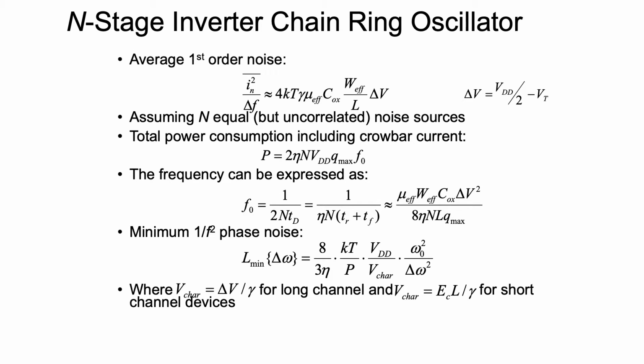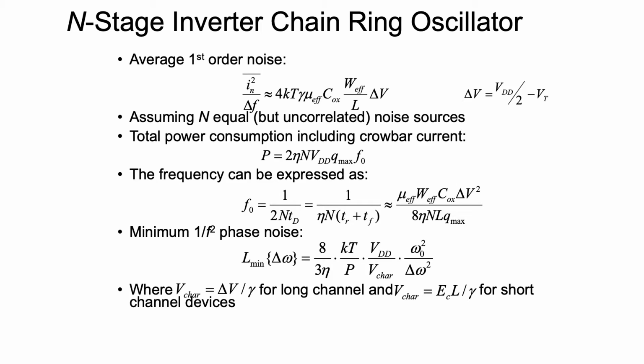We define delta V, a characteristic voltage, which is half of VDD minus VT, as an average voltage. The total power consumption, including crowbar current, which is the current that goes straight through the NMOS and PMOS when they switch and doesn't charge or discharge the capacitor, will be given by 2 eta N VDD Q max F naught. And the frequency F is of course inversely proportional to 2 times the number of stages times the delay per stage.